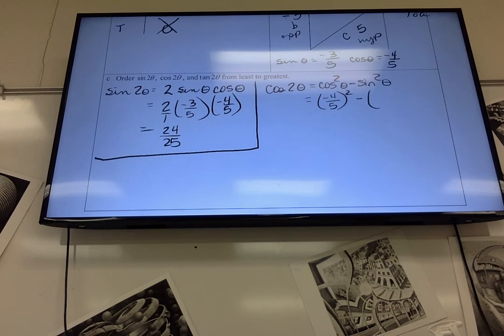What's sine of theta? Negative 3/5 squared. 16 over 25 minus 9 over 25, because negative times negative is positive, and that's 7 over 25.